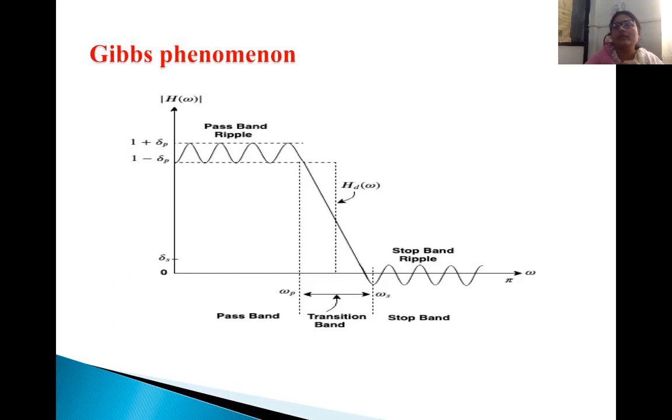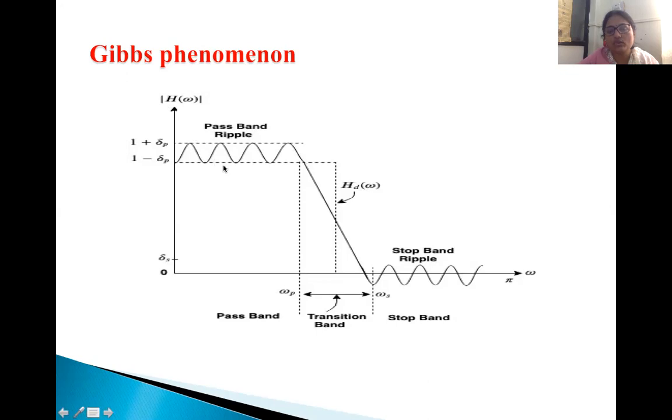But what happens if I cut the response, if I take a limited duration of the response? Because of the limited duration, there is an abrupt change in the input, and because of the abrupt change in the input, what will be the effect in the output? The oscillations.